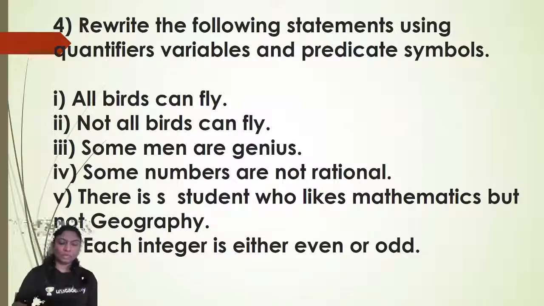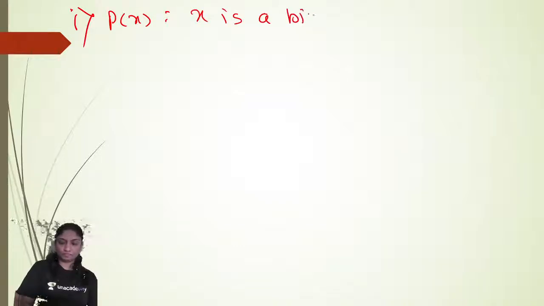Now, rewrite the following statements using quantifiers, variables and predicate symbols. First one: all birds can fly. For that we write P of x, x is a bird, and Q of x, x can fly.